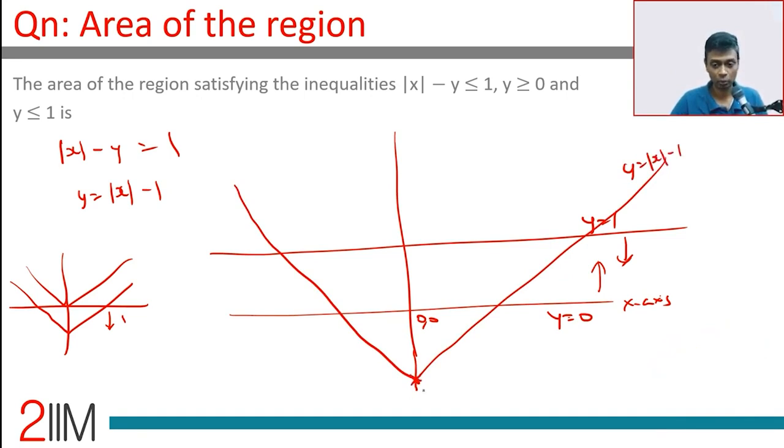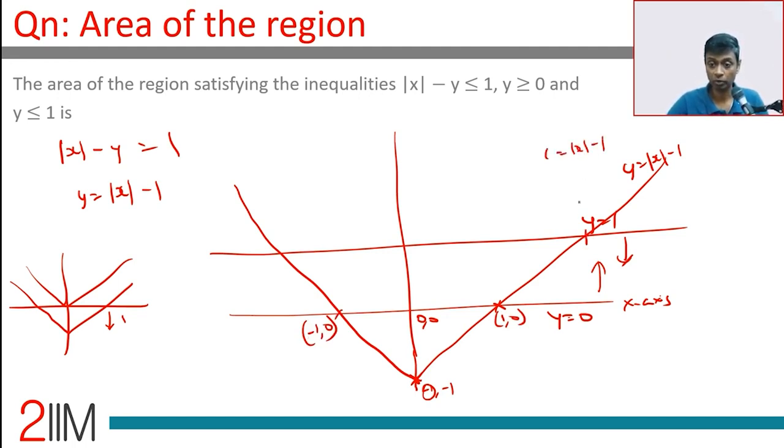So this point will be 0, minus 1. Put x equal to 0, y will be minus 1. This point, when will y be 0? When x is 1, 1, 0, or x is minus 1, minus 1, 0. When will y be 1? So 1 equals mod x minus 1.